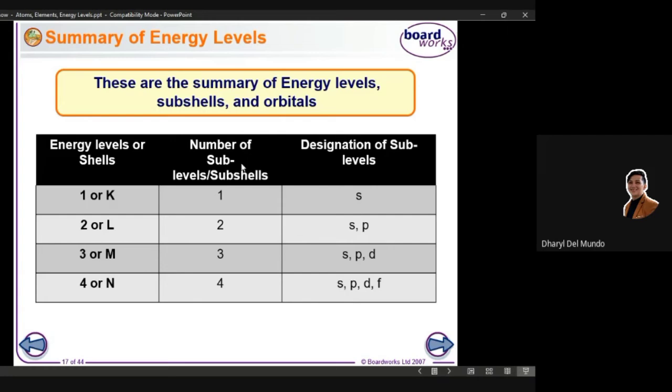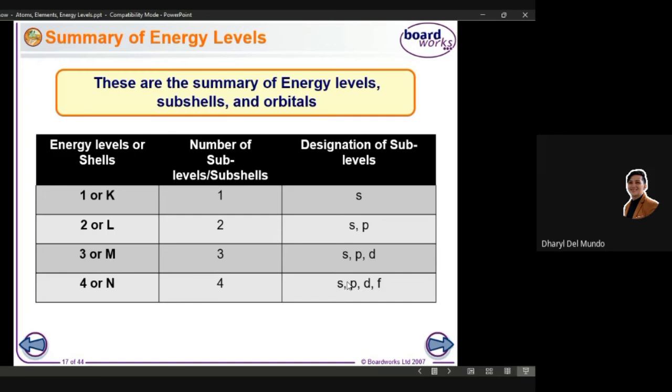Then the number of sublevels or subshells is 1, 2, 3, and 4: energy level 1 has 1 subshell, energy level 2 has 2, energy level 3 has 3, and energy level 4 has 4 as well.